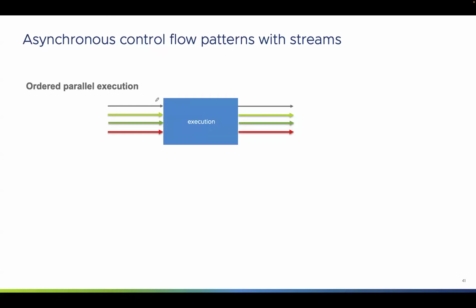So the black one comes in, the black one comes out. First in, first out, this style. And also we have a concurrency limit, which is 4 in this case. So depending on your execution node's capacity, you can choose the concurrency number you want.